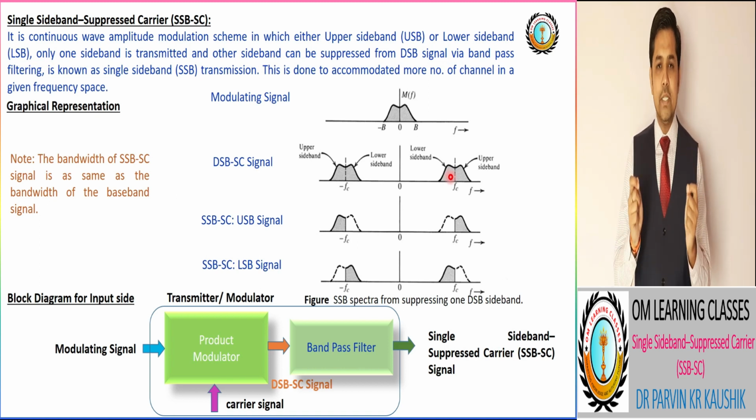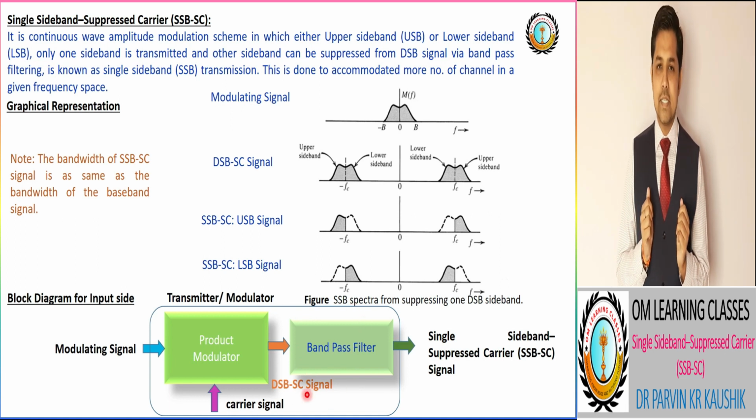So, in order to accommodate more channels in a given frequency space or allotted bandwidth, we provide only single sideband transmission, and this is achieved by using a band pass filter at the output of the modulated signal.